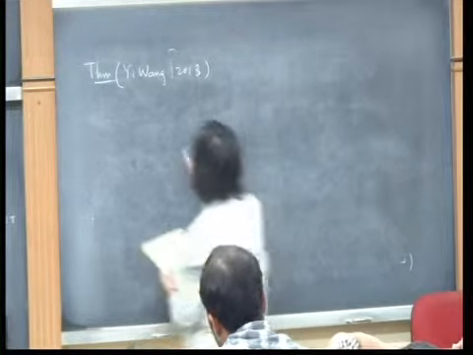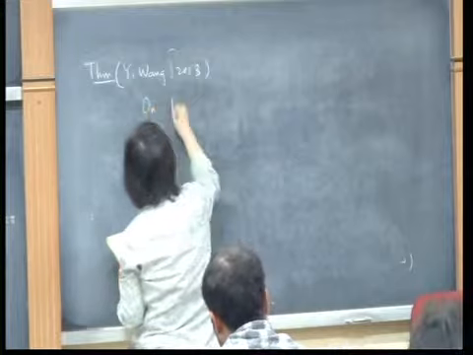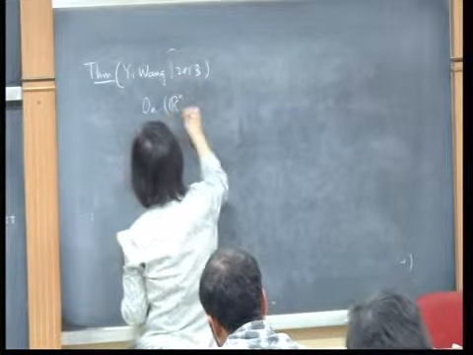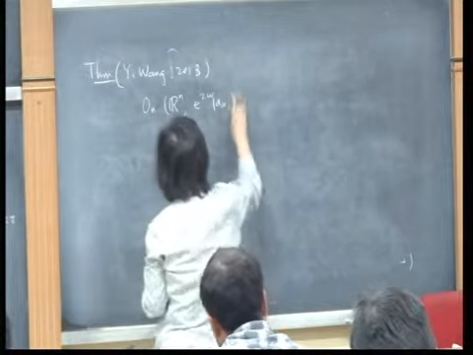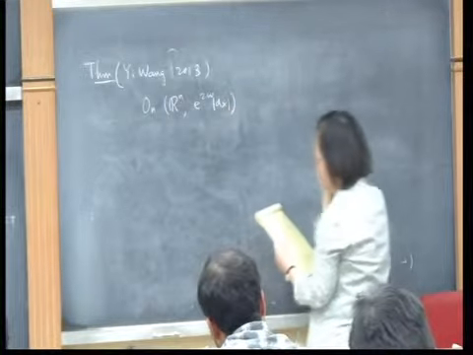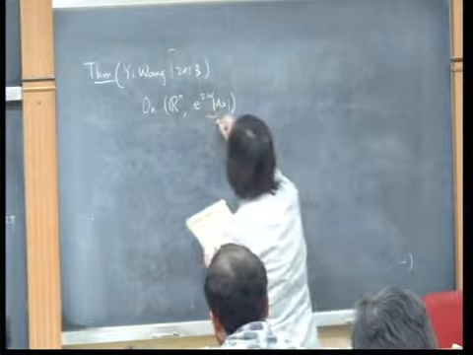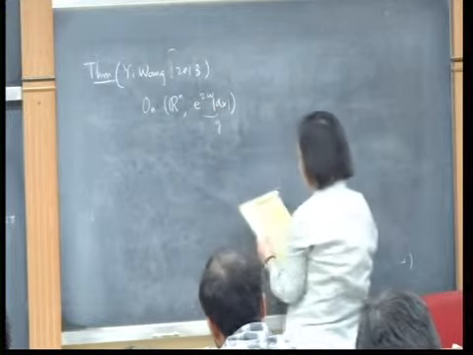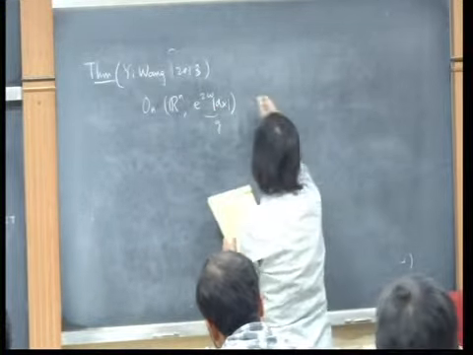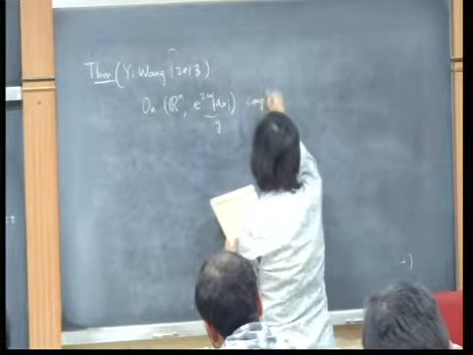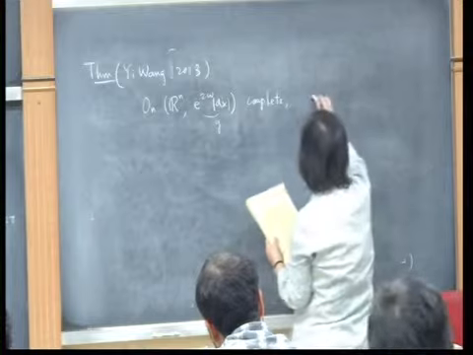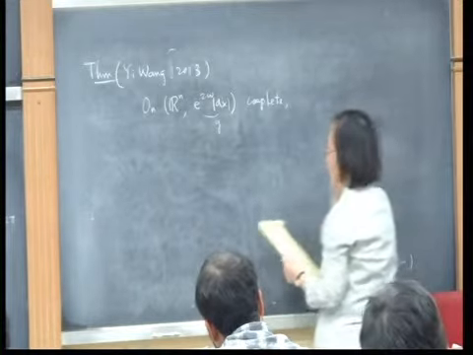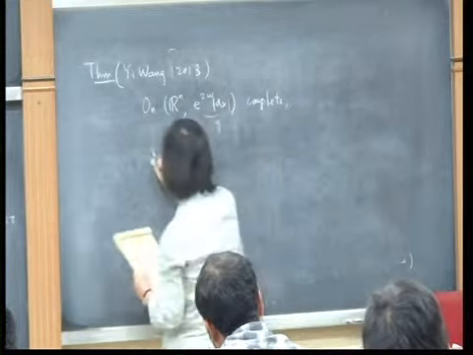It says that on R^n, with the metric G equal to e^{2W} dx, suppose this is a complete metric, and suppose its Q curvature is integrable, and suppose G is normal.